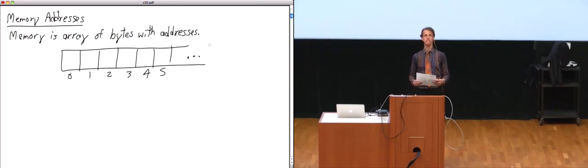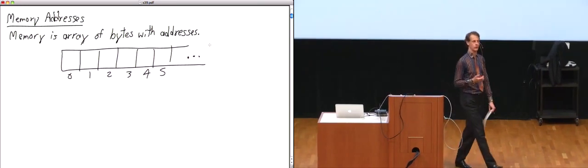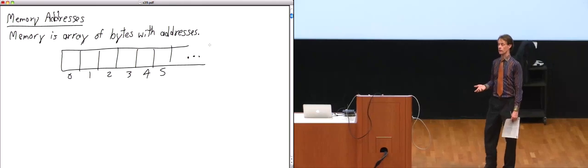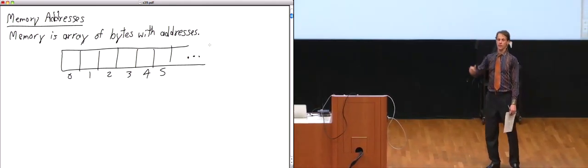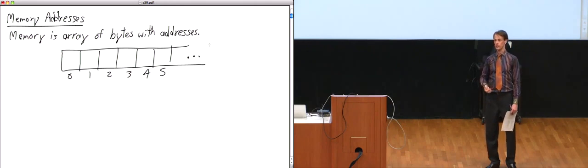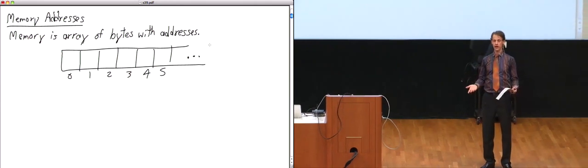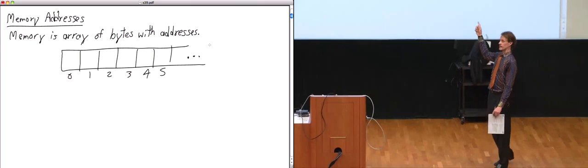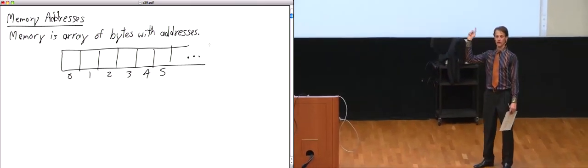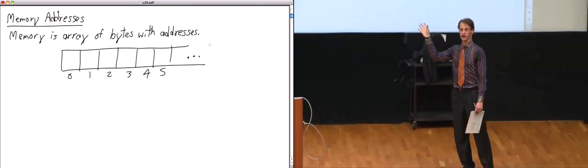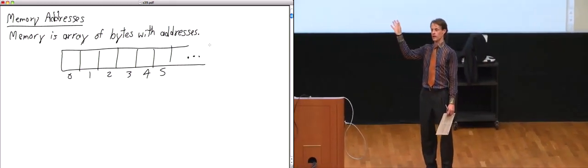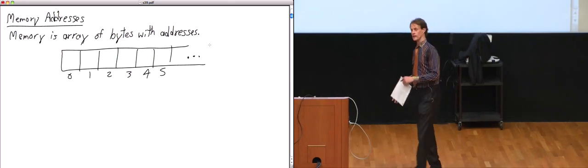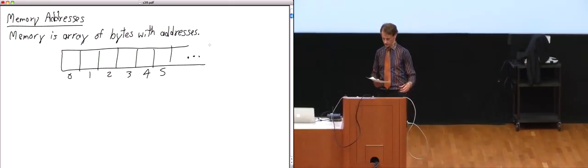What Java does for you, what a compiler like Java or C or any other compiler does for you, is it helps manage that space by making certain decisions for you. Like, suppose you want to declare a variable. You don't want to have to think about exactly which byte in memory or which word in memory you're going to store that variable in. You just want someone to pick a space to store that variable, and you don't have to think about it anymore. So that's one of the things the compiler does for you.